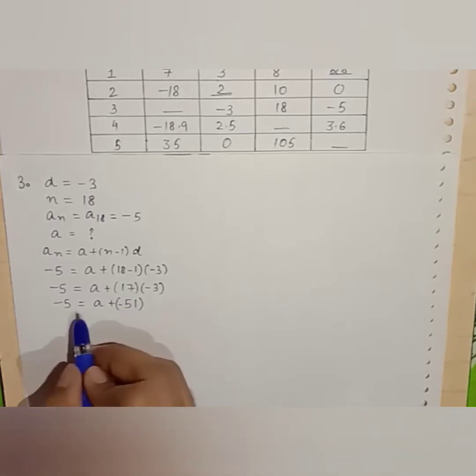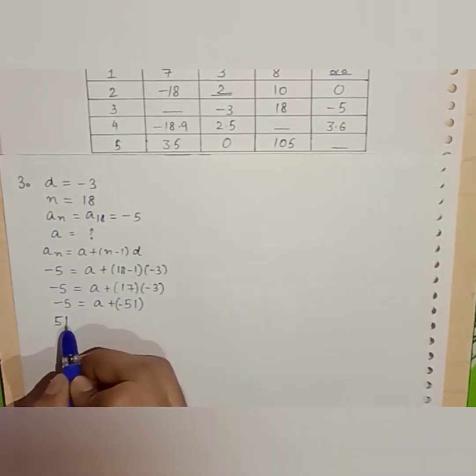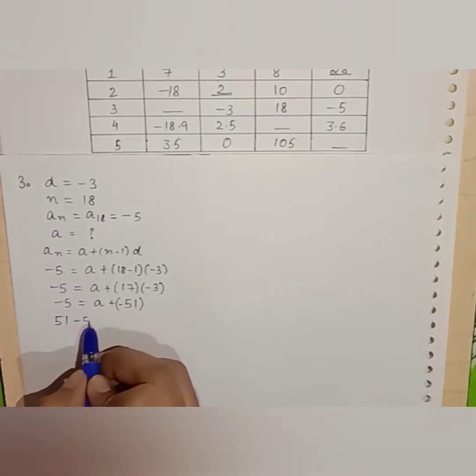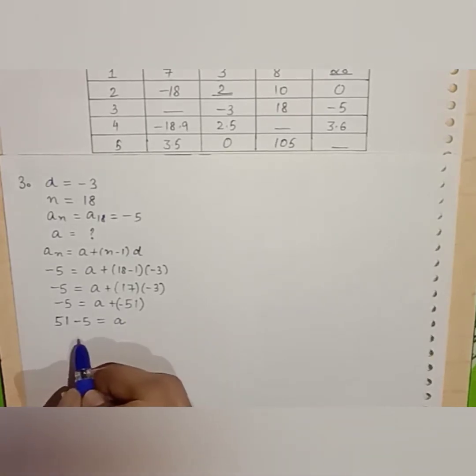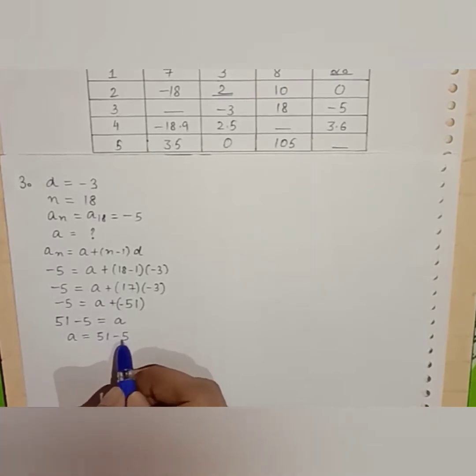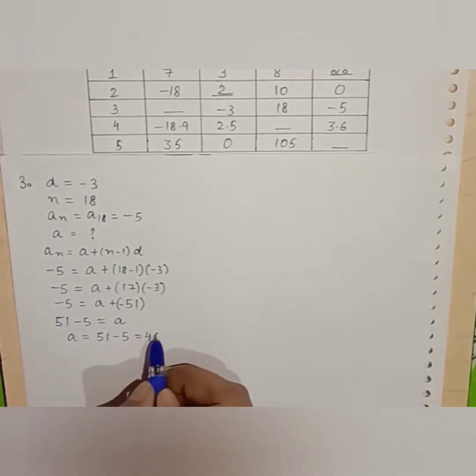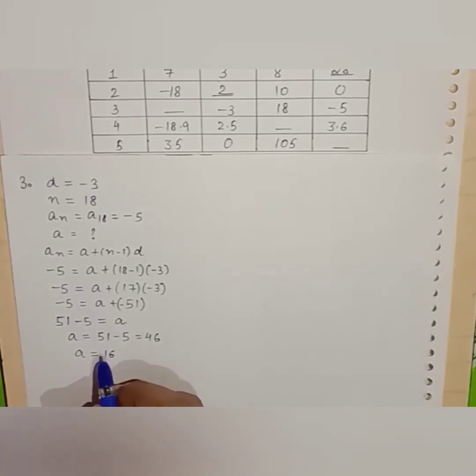Minus 51 on the other side of equality becomes plus 51, so 51 minus 5 is equal to a. We get a is 51 minus 5, that is 46. So our first term a is 46.